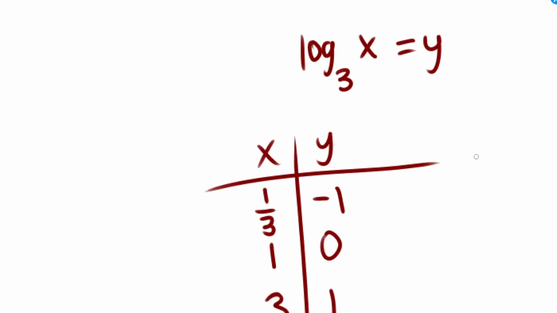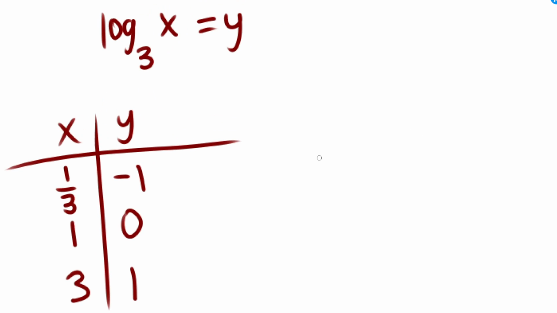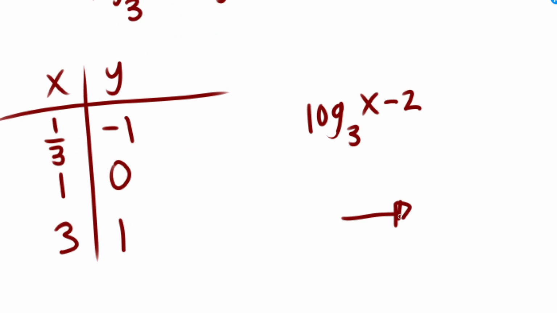Again, it's the inverse of our exponential equation, so we're just swapping our x's and y's. Now, with shifts, I'm pretty sure that you can guess where this is going. x minus 2 is going to shift our graph to the right by 2. x plus 2 is going to shift our graph to the left 2. And these would have parentheses around them.